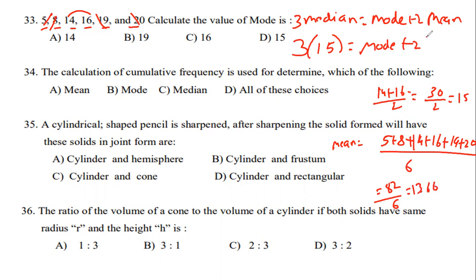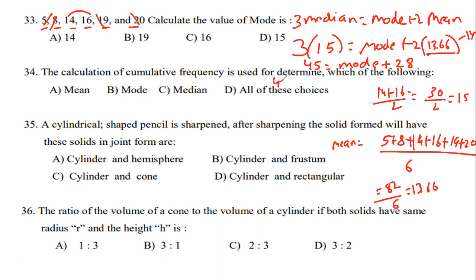So you have multiplied into 13.66. 3 into 15 is 45, equal to mode plus 2 into mean. I will round figure this one. Consider this one as 14. Okay. 2 into 14 is 28.